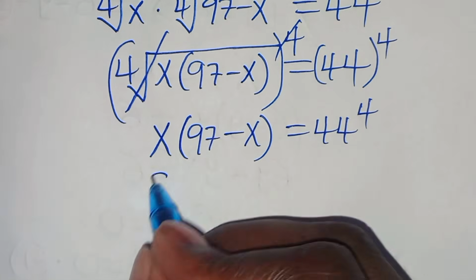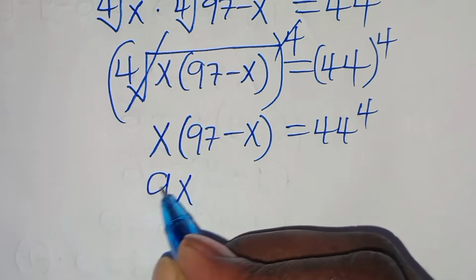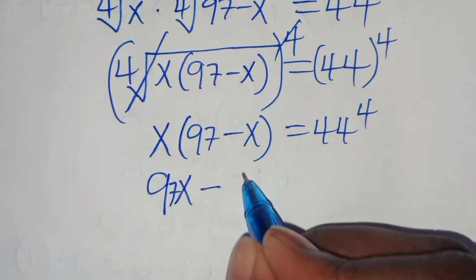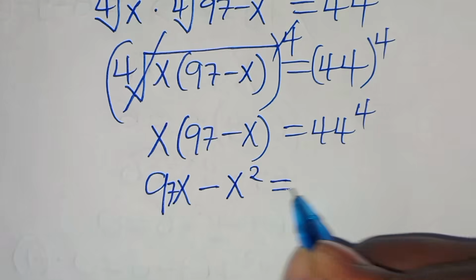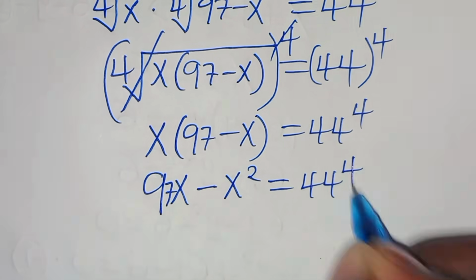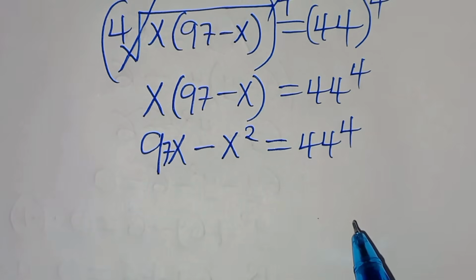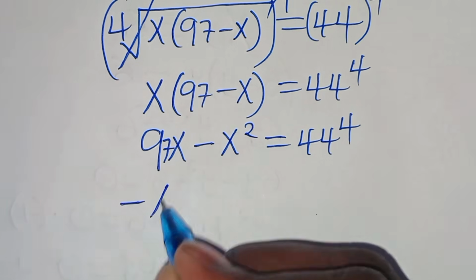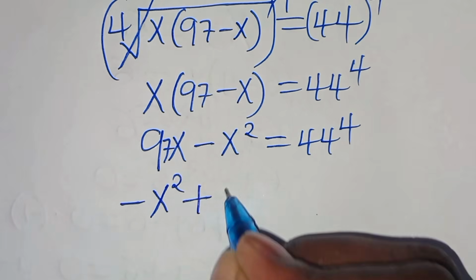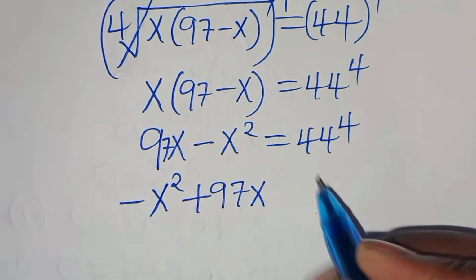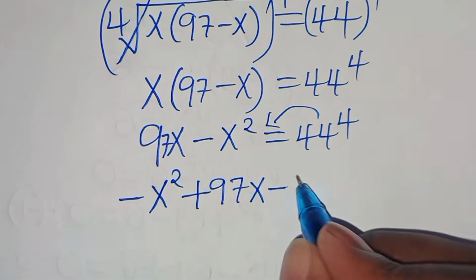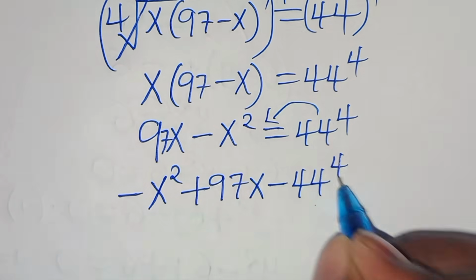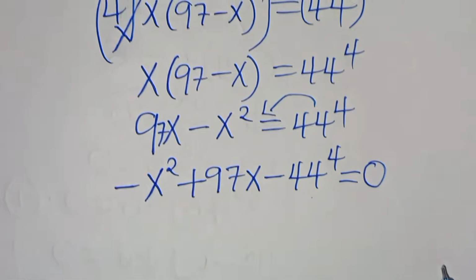So this is 97x subtract x to the power of 2, equal to 44 raised to the power of 4. Now, let's rearrange this equation. We have negative x to the power of 2 plus 97x. Let's take 44 to the left-hand side, minus 44 raised to the power of 4, equal to 0.